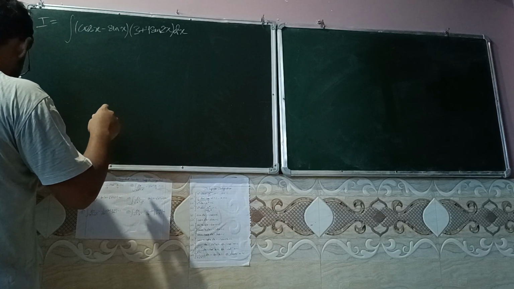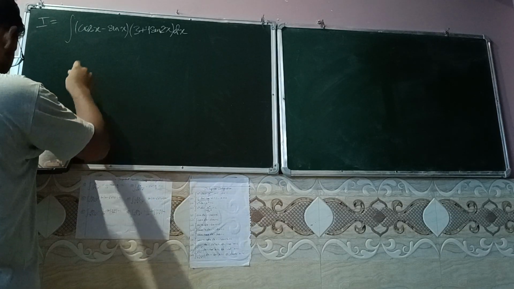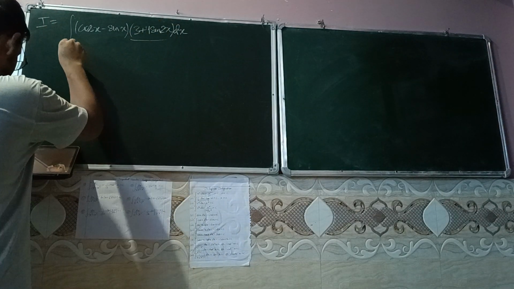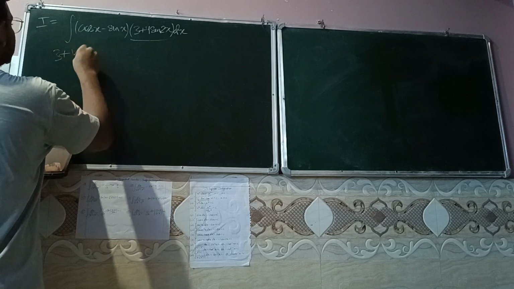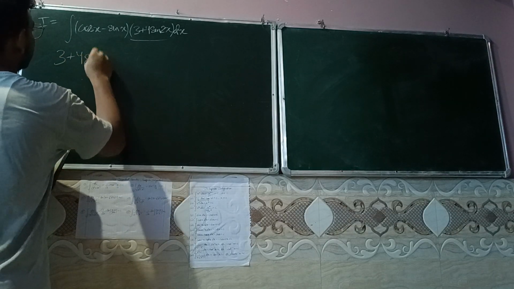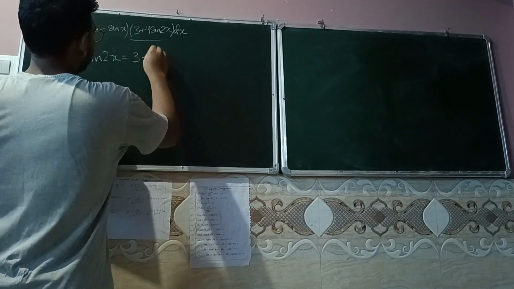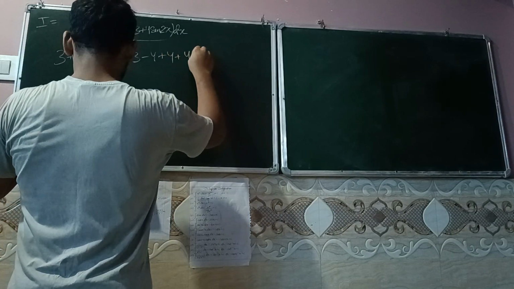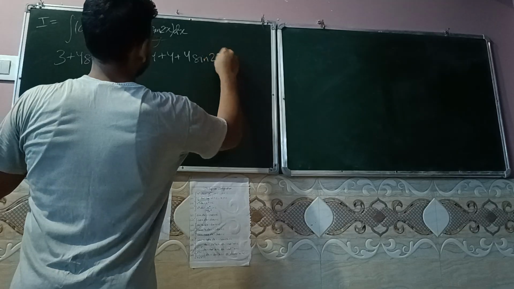So what he did firstly, looking at this thing, we have 3 plus 4 times sine 2x. He is writing it as 3 minus 4 plus 4, plus 4 sine 2x.